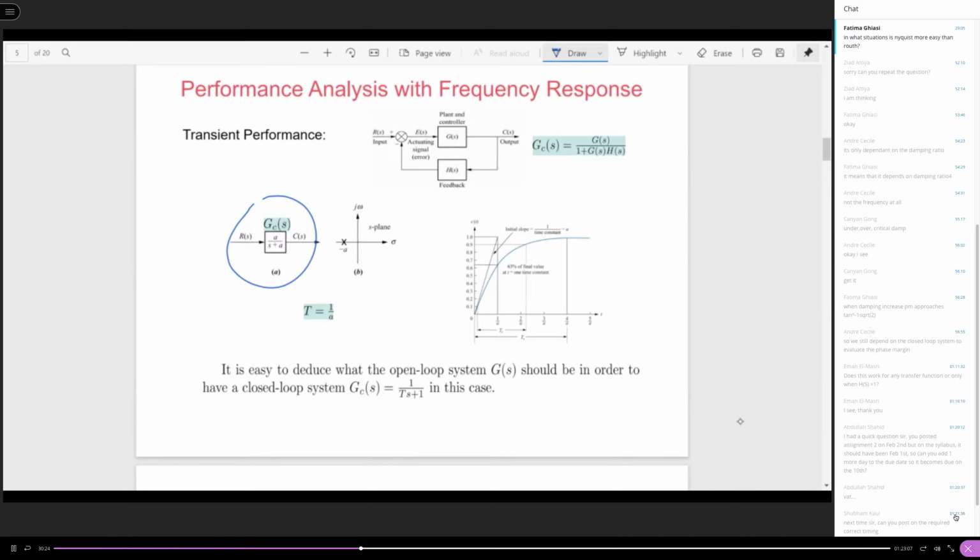But don't forget, we defined the transient performance based on the closed loop system. When we characterize a first order system in this one block, we imply this one block system is a closed loop system. We always pose the performance requirement on the closed loop system.